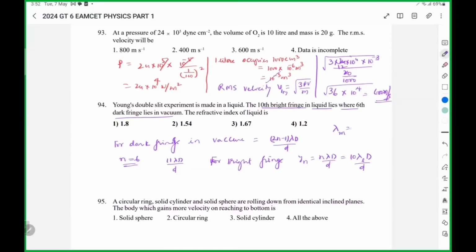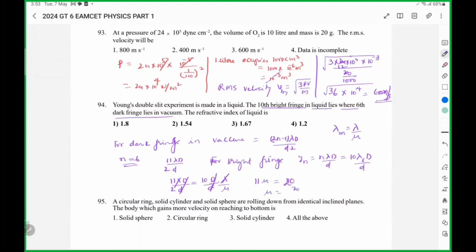Lambda in medium is lambda by mu of that medium, but these two coincide. So 11 lambda by 2 is equal to 10 D by d times lambda by mu. Lambda gets cancelled. 11 mu is equal to 20.